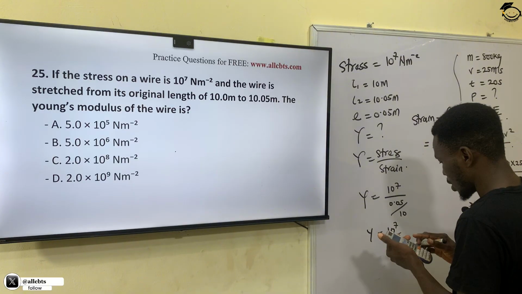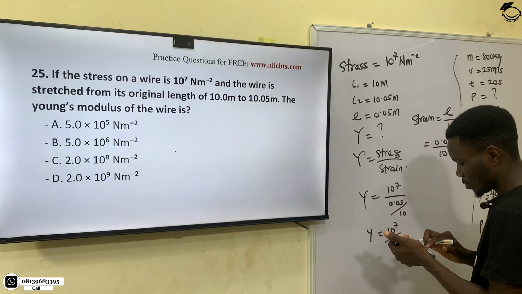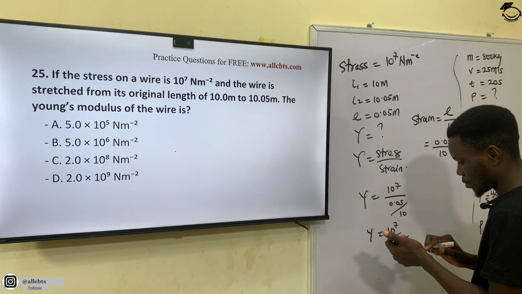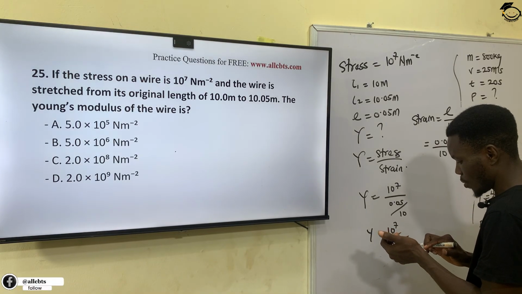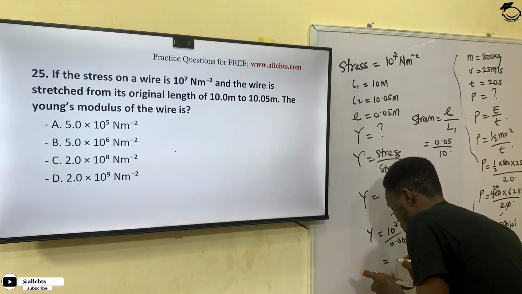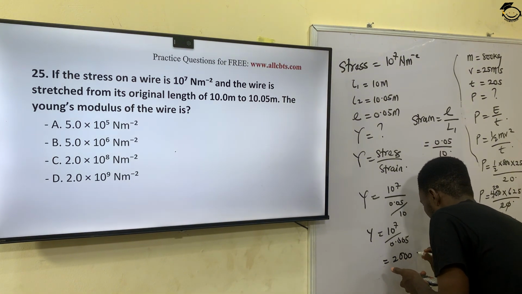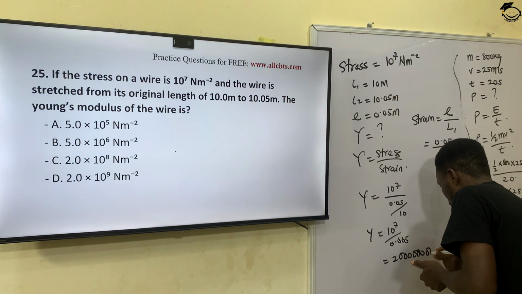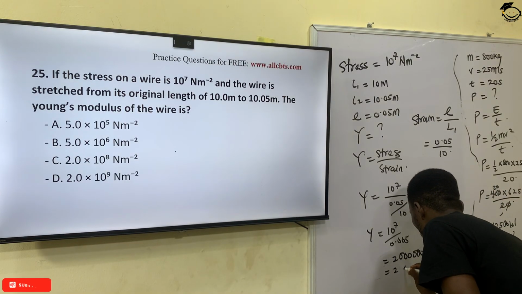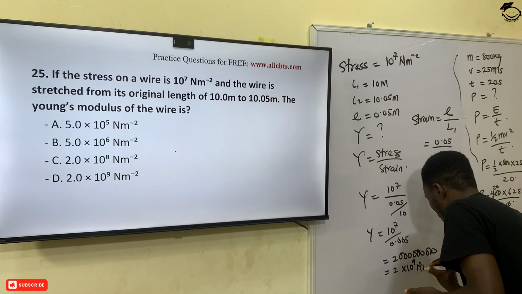So that will give me 200,000,000, which is the same as saying 2 times 10 raised to power 9 Newton per meter square.